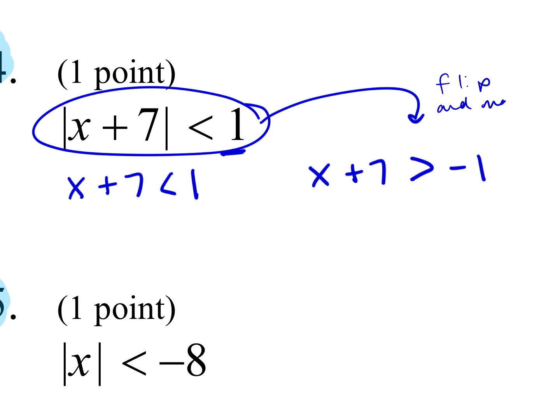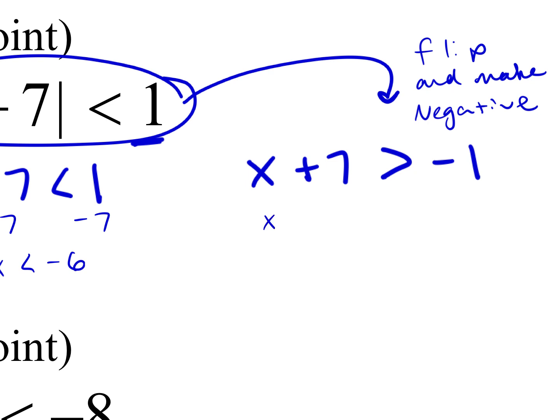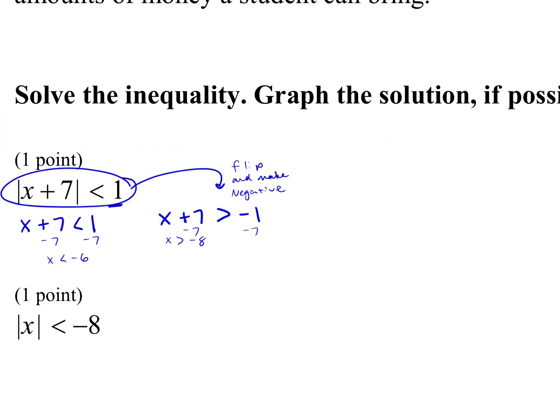Flip and make negative. So to solve this, we'd subtract 7 on both sides, so x is less than negative 6. And then for the other one, again, we subtract 7 on both sides, so x is greater than negative 8. We do the same thing we did in the other questions. We put them on a number line.